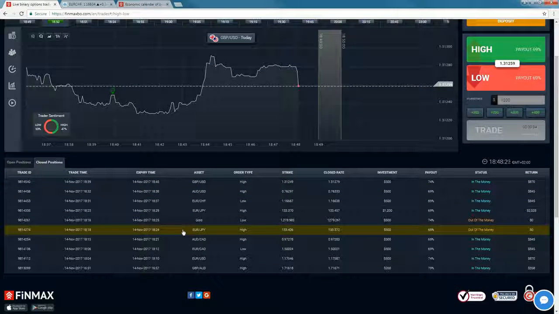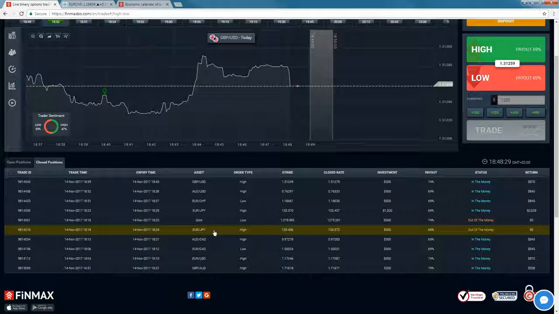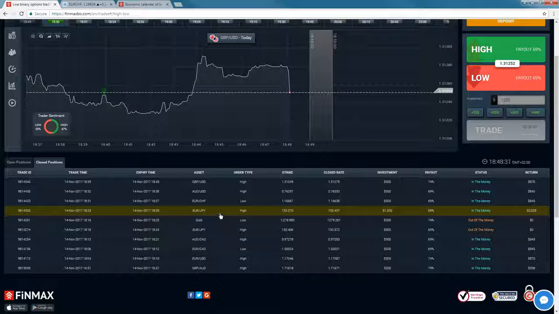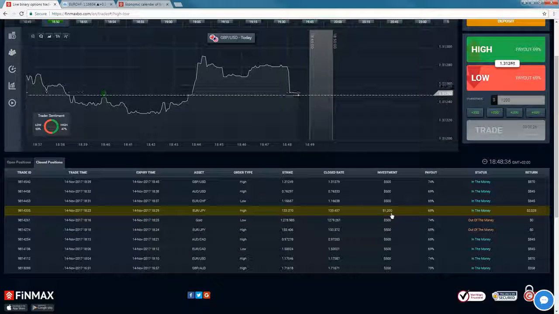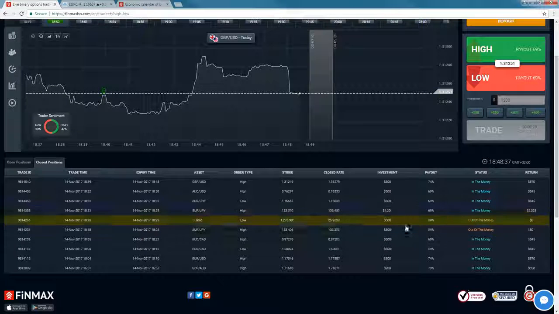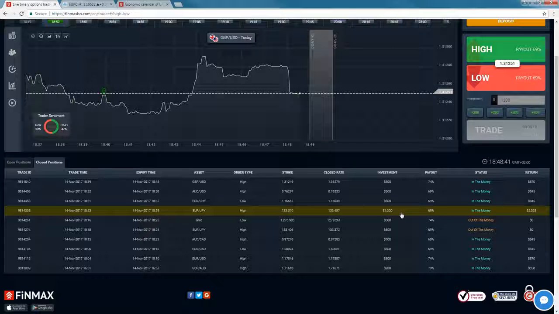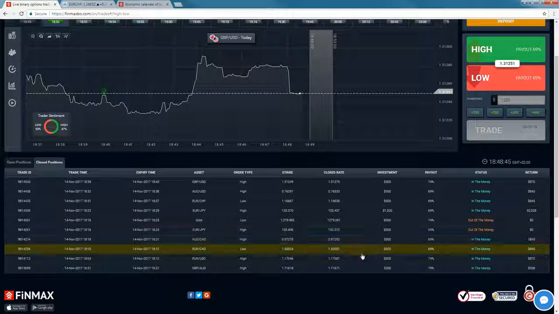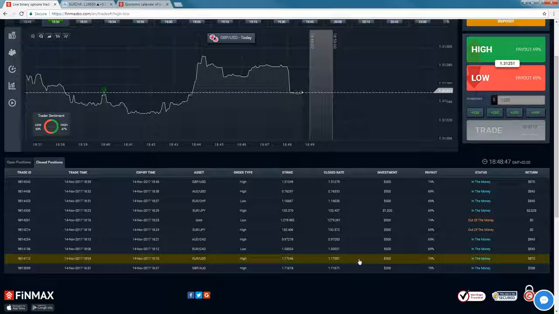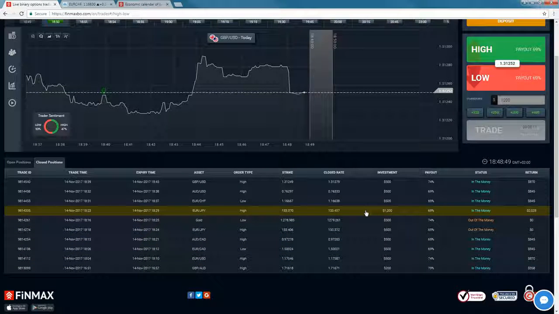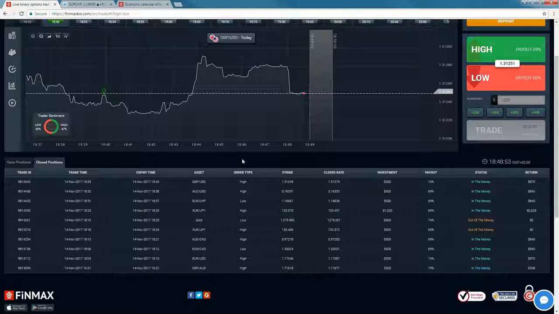The second trade on a Euro JPY went out of money, but then we recovered this trade when we put 2.5 times more investment. So we have refunded what we lost during the previous trade and stayed in the profit. And you can see that today we together have managed to earn a couple $1,000 within just 40 minutes of our time.